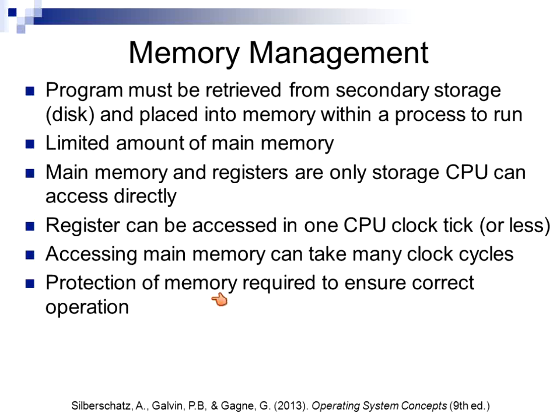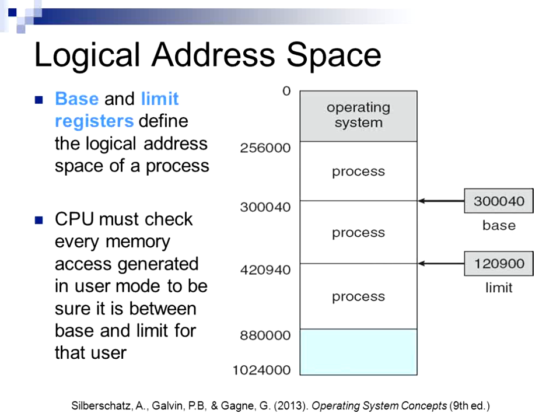The other thing to understand with memory management is that we also have to protect memory. So we have to make sure that one process isn't using memory that actually belongs to another process. So part of what we do in memory management is we have what is called a logical address space.